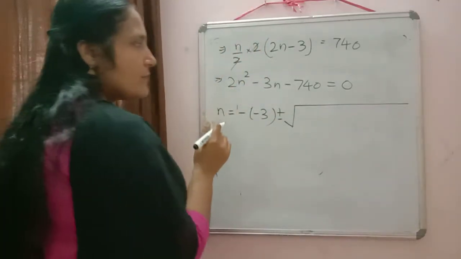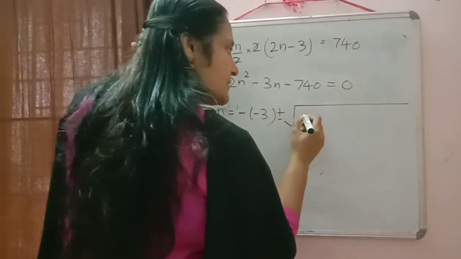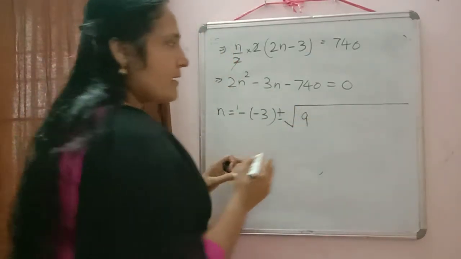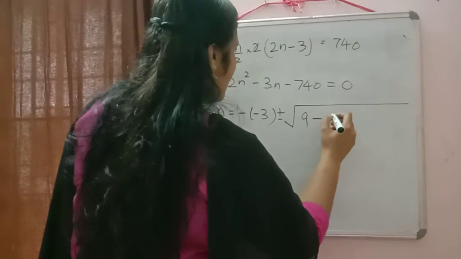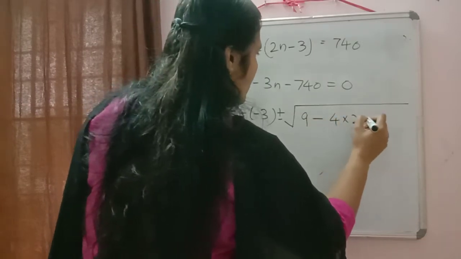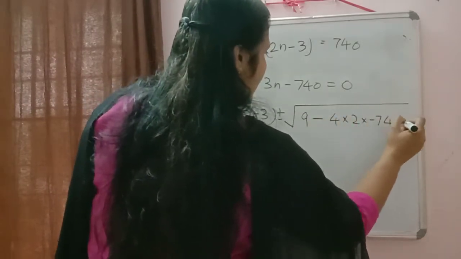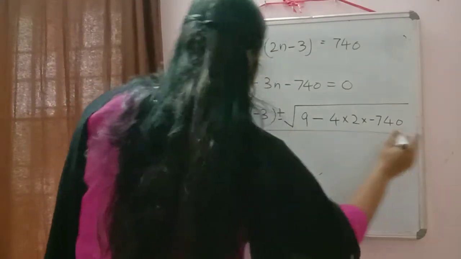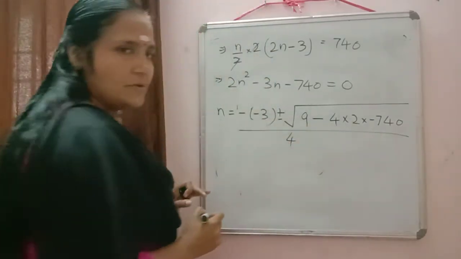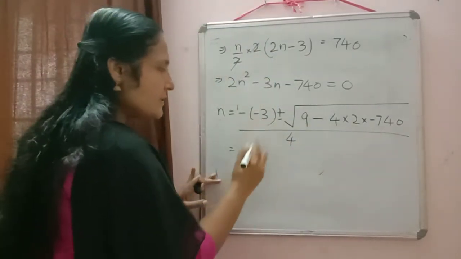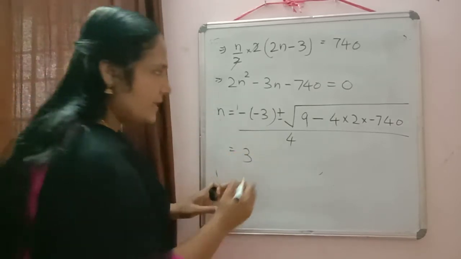b square. That will be equal to minus 3 square, 9, minus 4ac, 4 into 2 into minus 740, by 2a, 2 into 2, 4. Minus into minus will be equal to plus there.